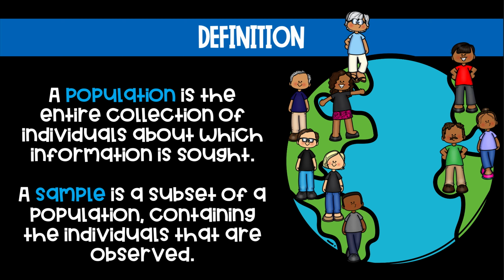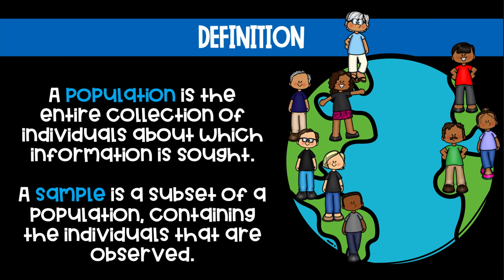It could be of a city, of a state, of the country, or your population can even be as small as a campus. The population you decide to study could be just the teachers at a particular high school or a particular college campus. A sample is a subset of that population.